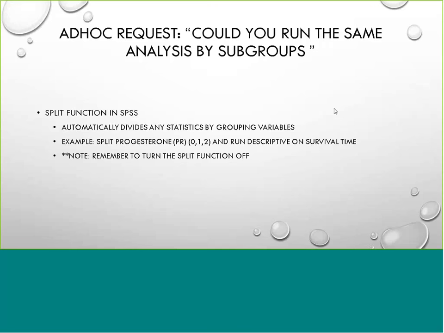subgroup. Okay? So for example, say you had cancer data and you were looking at a variable that has 3 levels like progesterone, and then you're asked to run the descriptives on survival time by progesterone. Okay?